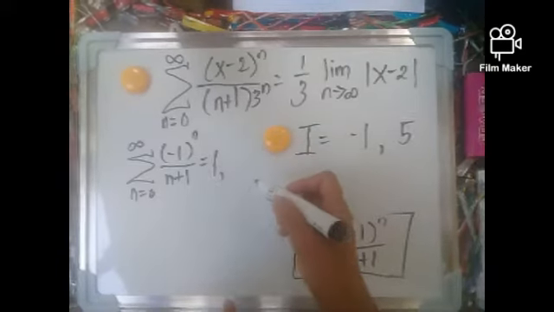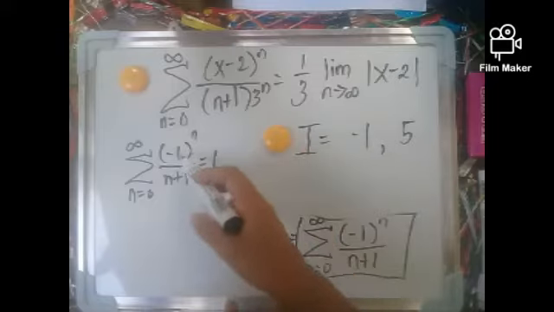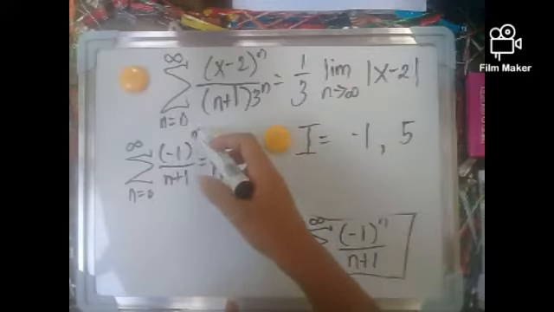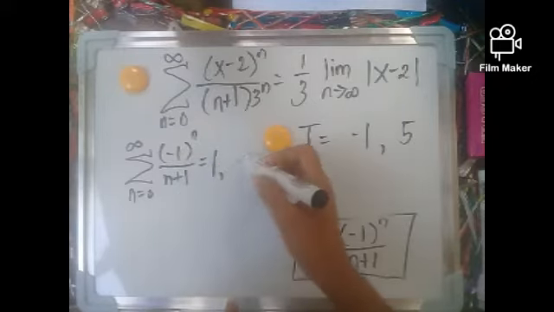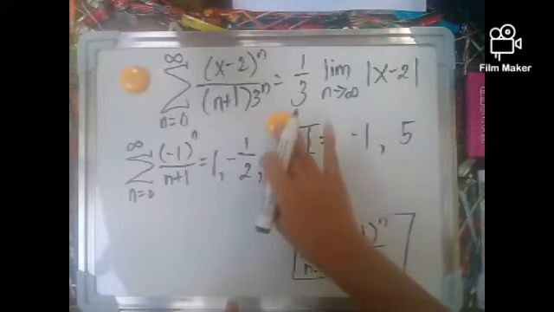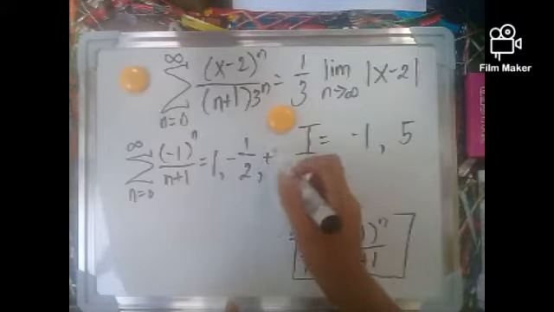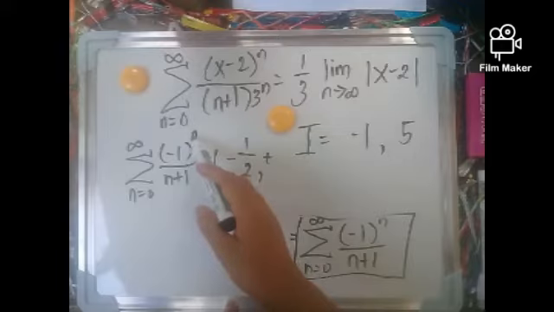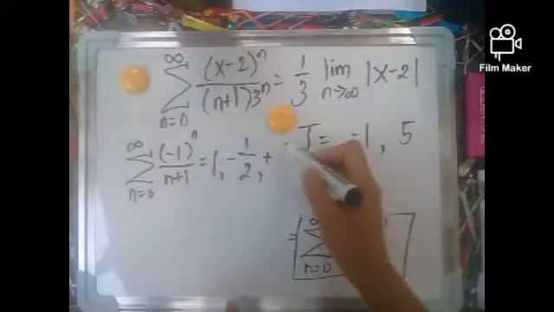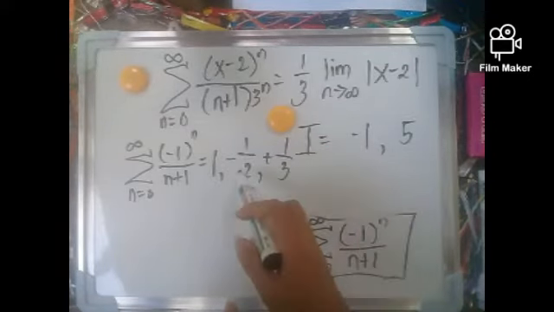And then the next value, we have 1 here, so negative 1 over 2. And then for the third one, we have plus, so plug in the 2 for n, we have 1 over 3. Positive. It's alternating.